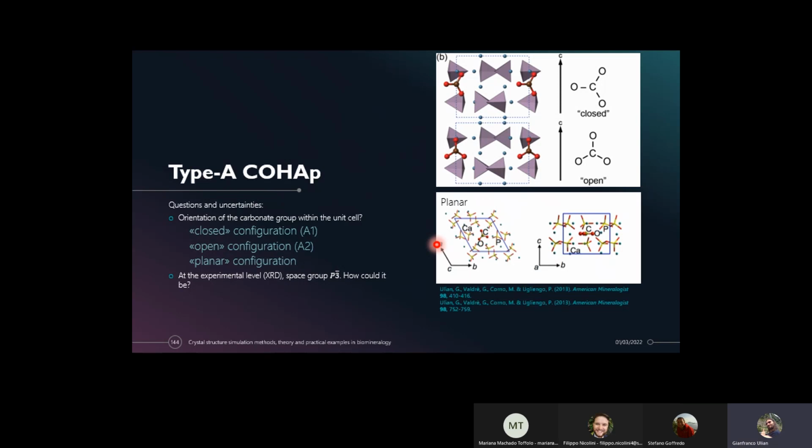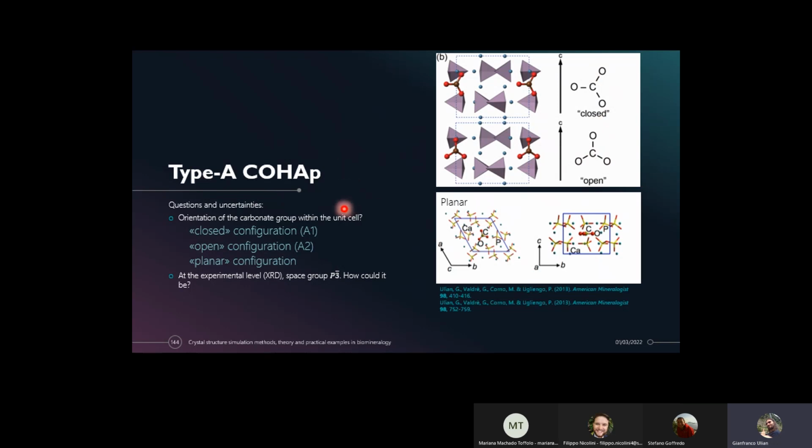Is it a closed configuration like this one, where here we have the crystallographic C direction and the carbonate ion is oriented in this way? Or is it an open configuration, with another orientation in space, or a planar configuration? The planar configuration is represented here in this model, where you have the carbonate group parallel to the AB plane.